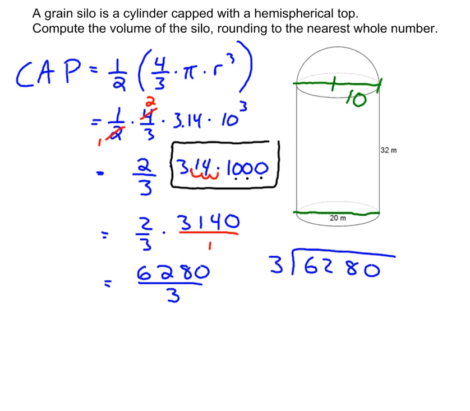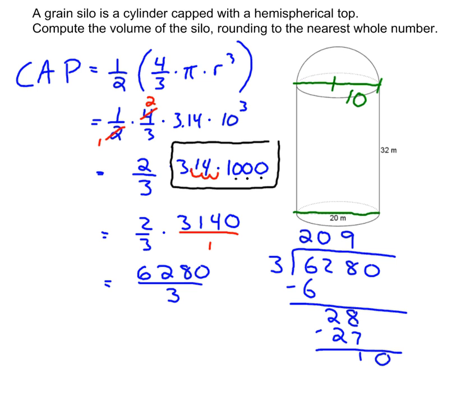So 3 goes into 6 2 times. 2 times 3 is 6. And we subtract. 6 minus 6 is 0, and we carry down the 2. 3 does not go into 2, so we'll carry down the 8. 3 goes into 28 9 times. 9 times 3 is 27, and we subtract. 28 minus 27 is 1, and we carry down the 0.